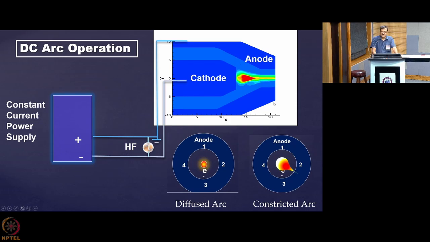Suppose due to a certain reason one region is getting a bit colder compared to the other region, so the conductivity will be less over there, so current will not try to pass over there, and will pass through the region where conductivity is higher. So more current will go there, more heating will be there, and the conductivity will get further higher.